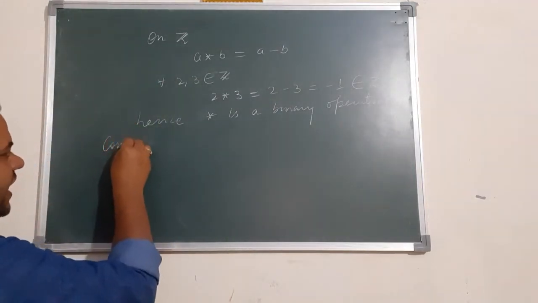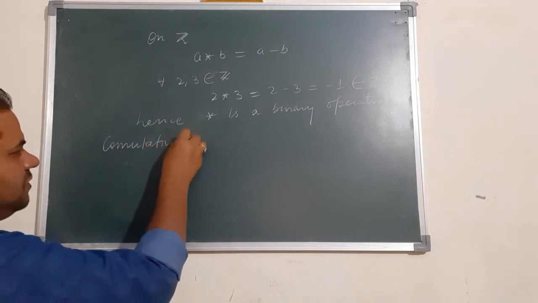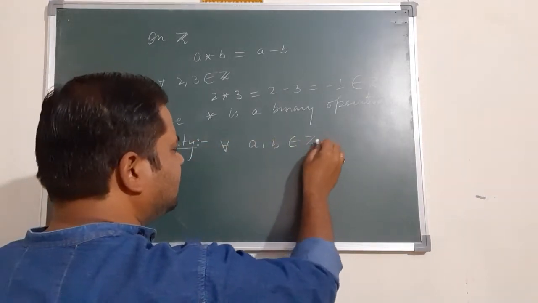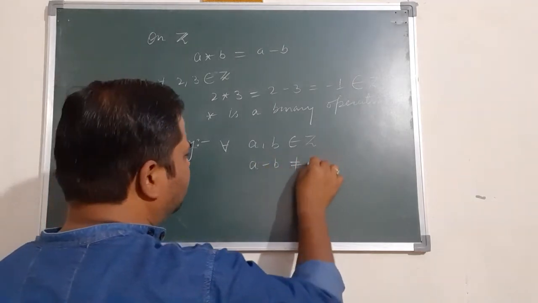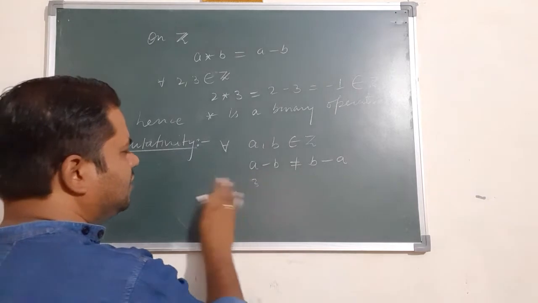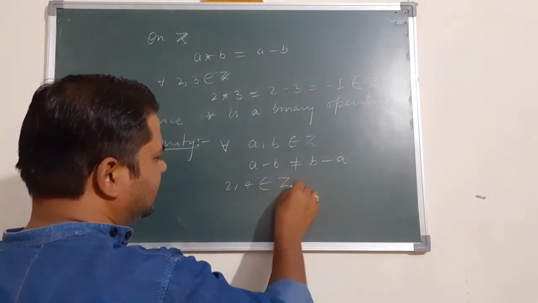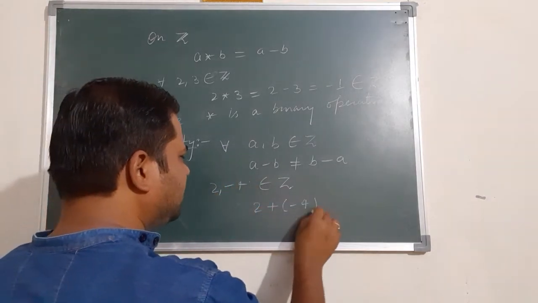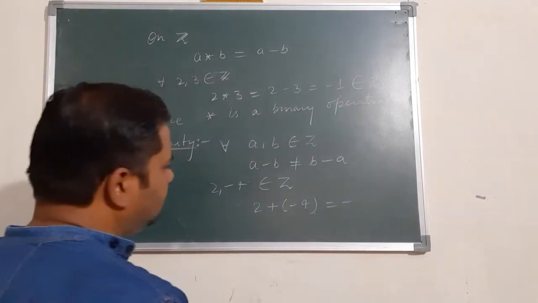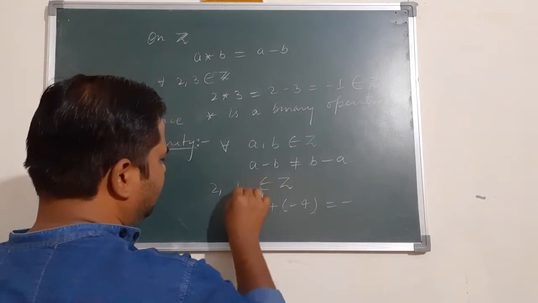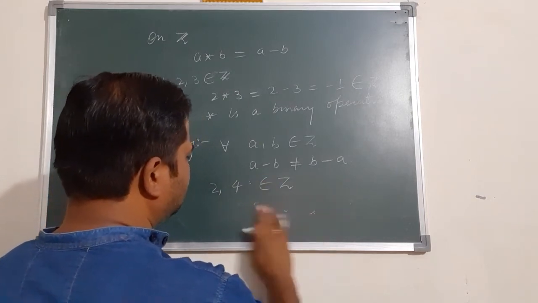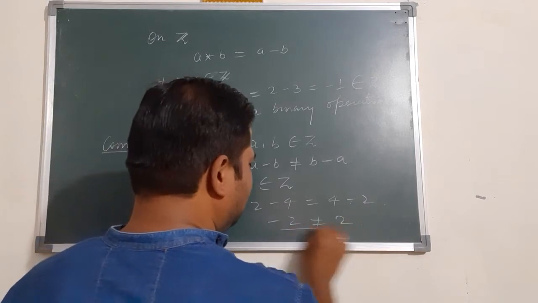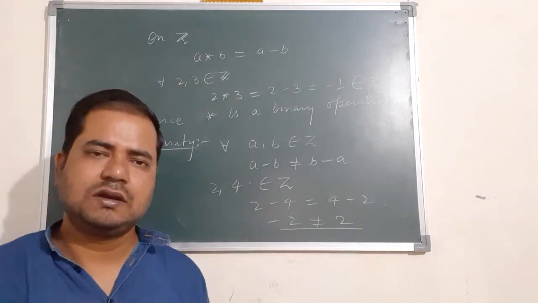If we check commutativity, for each A, B belongs to Z, you know very well A minus B does not equal B minus A. Any example you can take, only positive you can take 2, 4, so 2 minus 4 does not equal 4 minus 2, minus 2 does not equal 2. Hence this binary operation is not commutative.